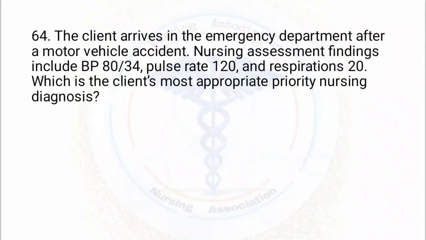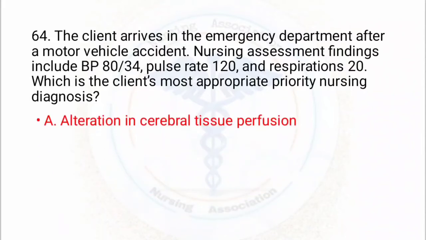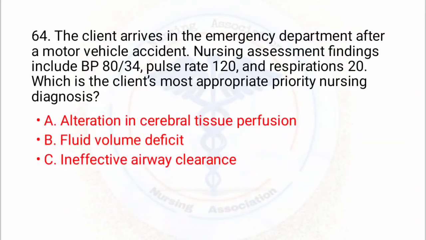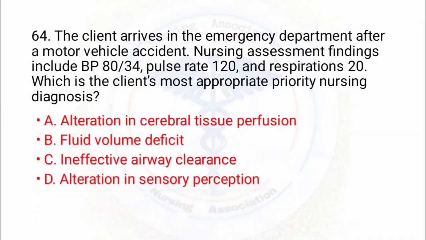What is the client's most appropriate priority nursing diagnosis? A, alteration in cerebral tissue perfusion. Option B, fluid volume deficit. Option C, ineffective airway clearance. And option D, alteration in sensory perception.